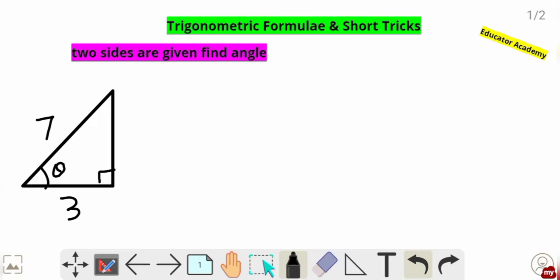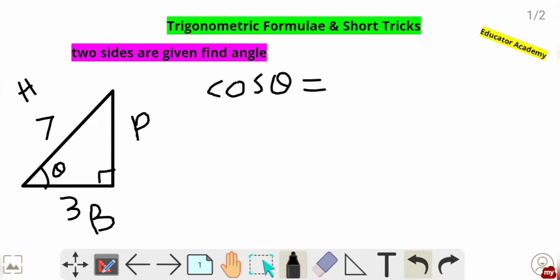As we know, the side opposite the 90-degree angle is the hypotenuse, the side opposite theta is the perpendicular, and the remaining side is the base. So guys, as we know, cos theta is equal to base over hypotenuse. The base which is given to us is 3, and the hypotenuse is 7.